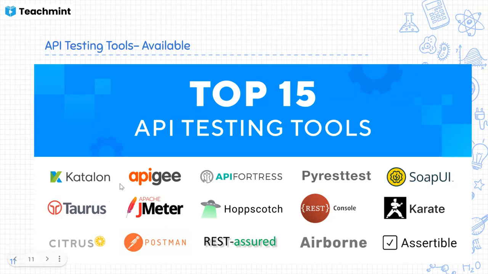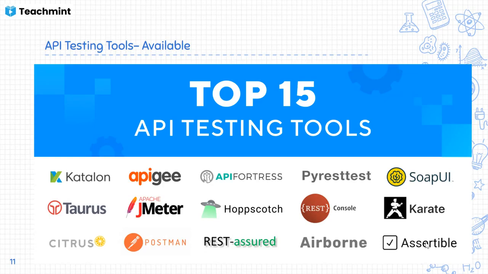We have Katalon, APIGee, Air Fortress, SoapUI, Karate, Console, JMeter, Postman, Rest Assured, Airborne, Azertile. There are many tools available. This is just a top 15. There are thousands of tools available, right?